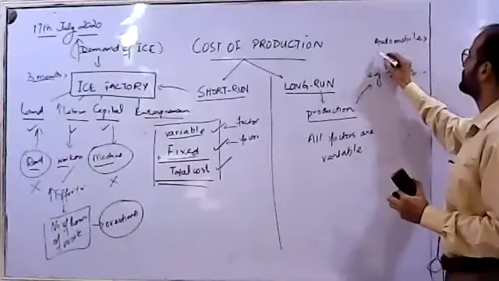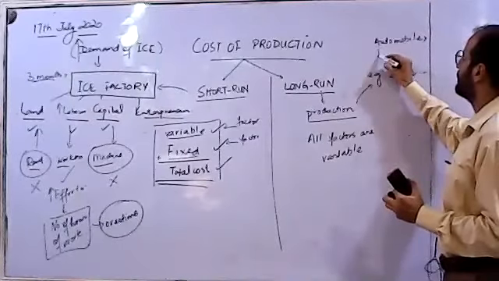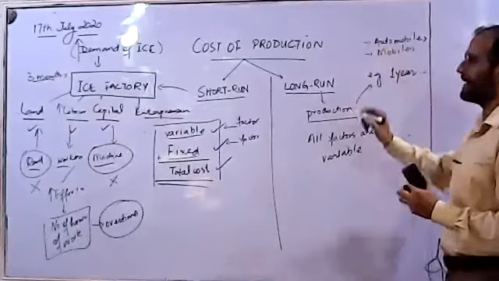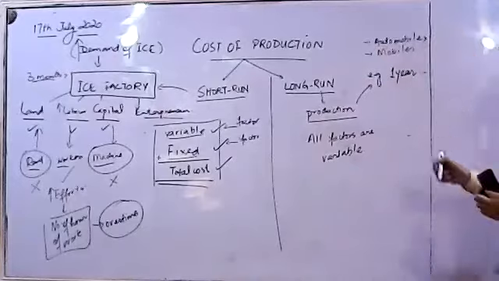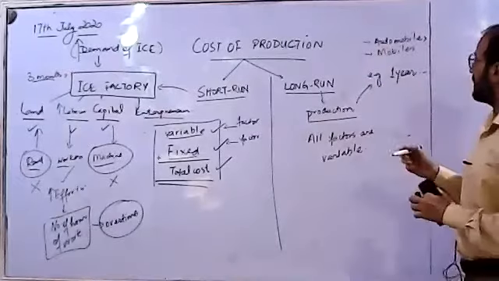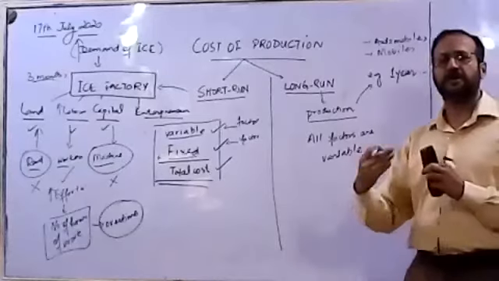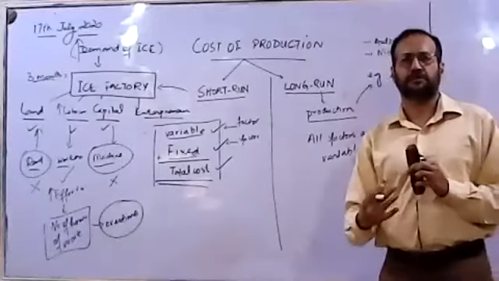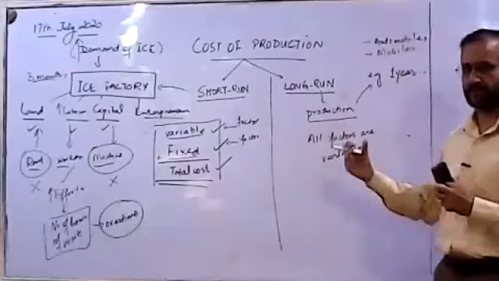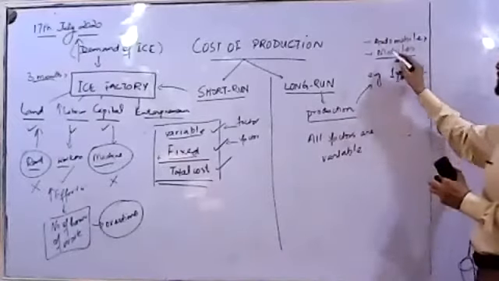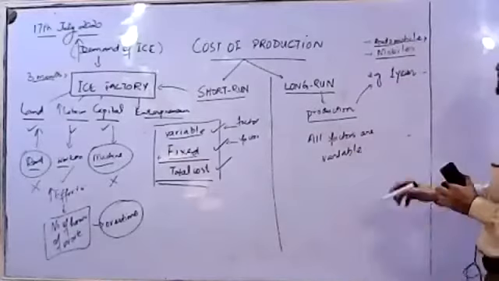Okay, I'll put mobiles over here. These are firms you see which are considered long run production, which you can produce throughout the year. As you can see, they are demanded throughout the year. Automobiles are demanded all over the year.